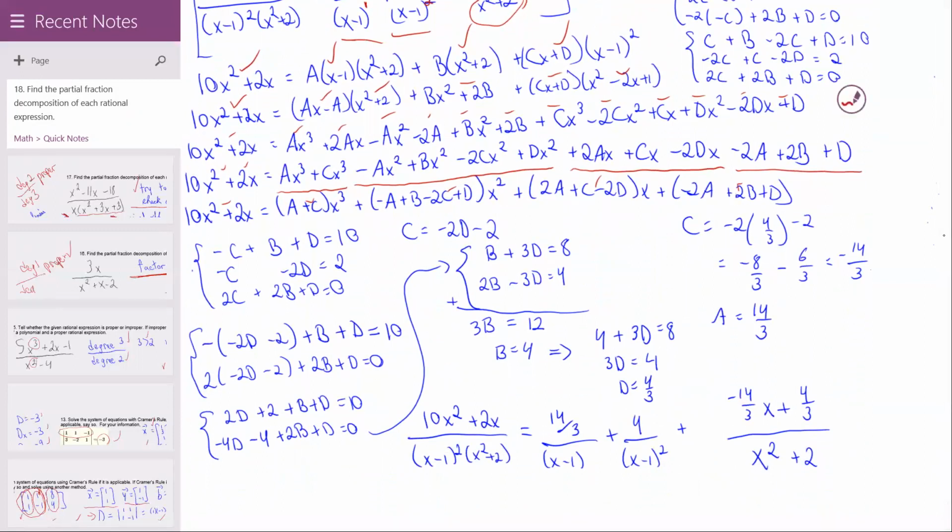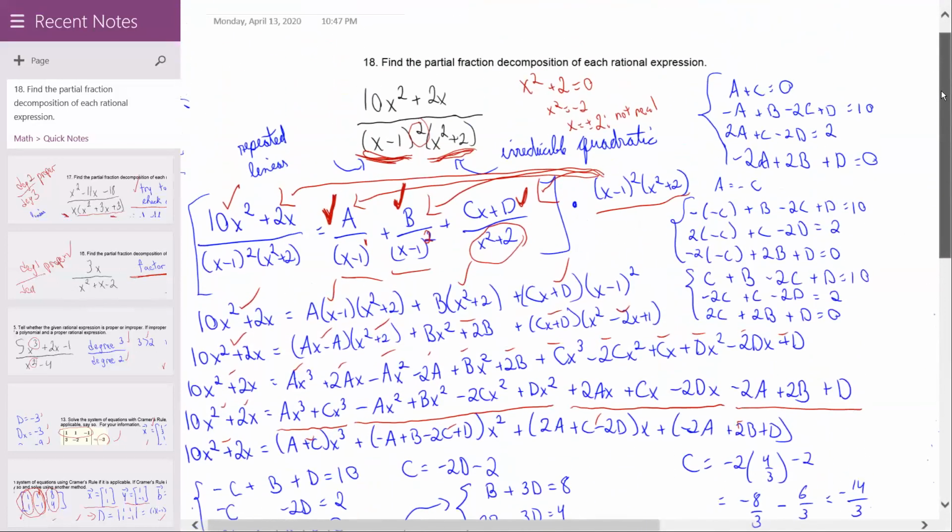So here we have, where's my first equation? Oh, here's the original. So a plus c equals 0 because the coefficient of the x cubed term is 0. Negative a plus b minus 2c plus d equals 10. 2a plus c minus 2d equals 2.